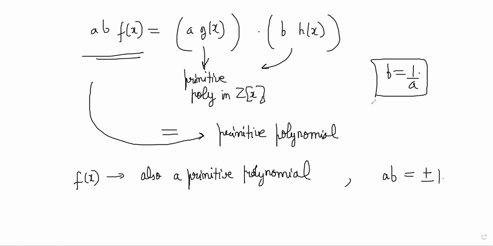If a was a rational number that made g of x primitive, we can choose 1 by a for h, right? The basic idea is simple. It is saying that once you have a polynomial that is reducible in the set of rational polynomials, then that polynomial is also reducible in the integer polynomial set, right? We are using Gauss's lemma and the previous property in order to prove this.